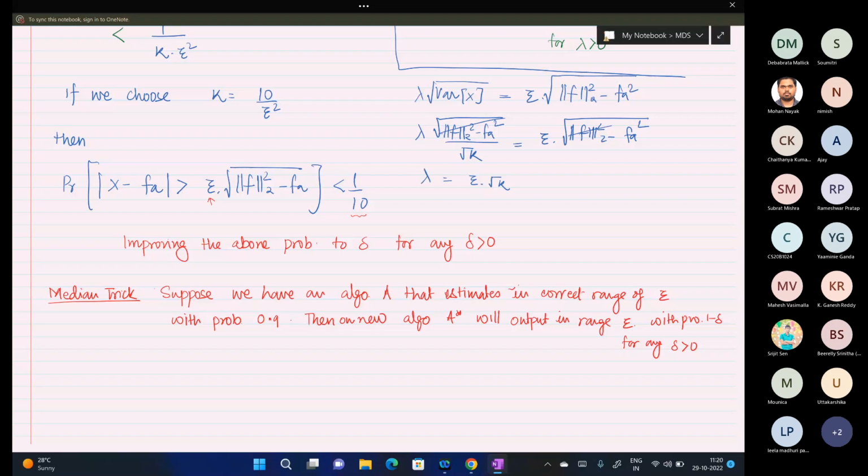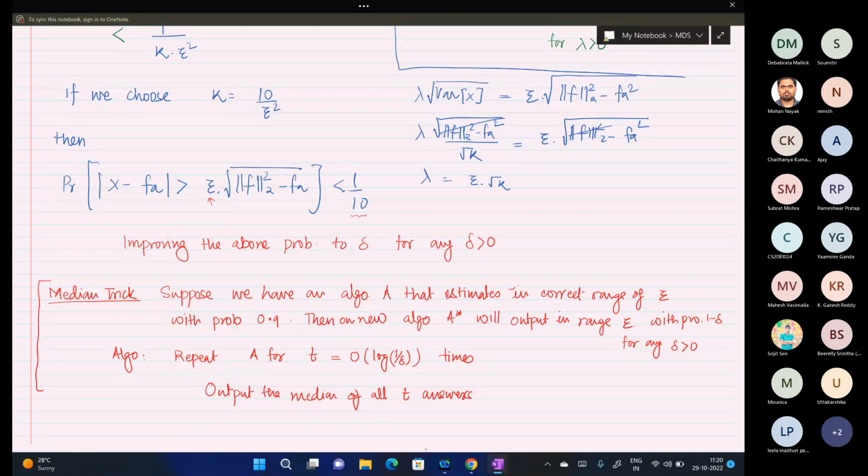Our algorithm is basically: repeat A for t times independently, where t is order log 1 by delta, and output the median of all t answers. This is called the median trick.